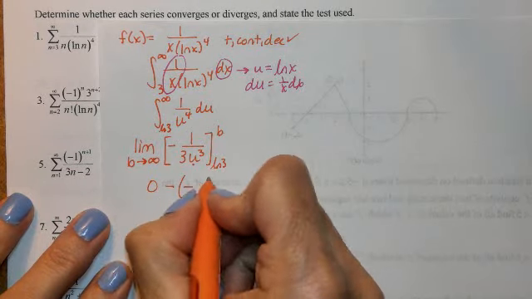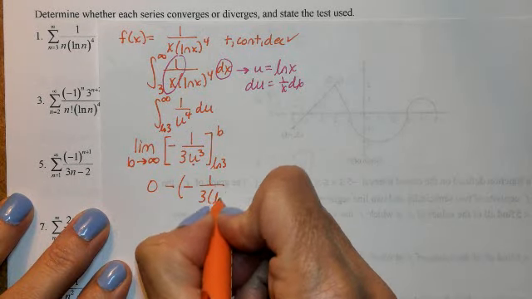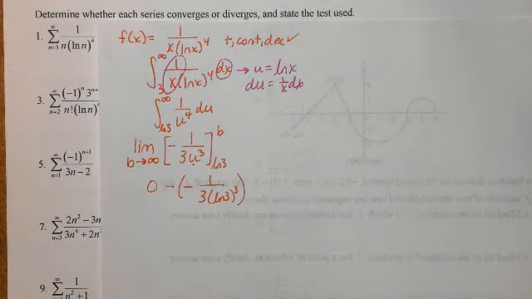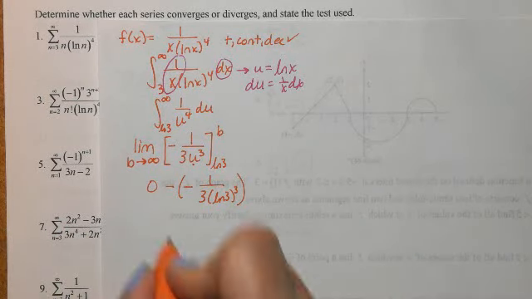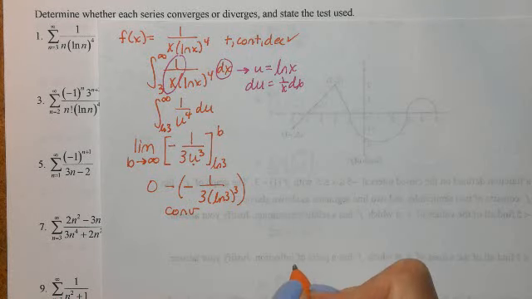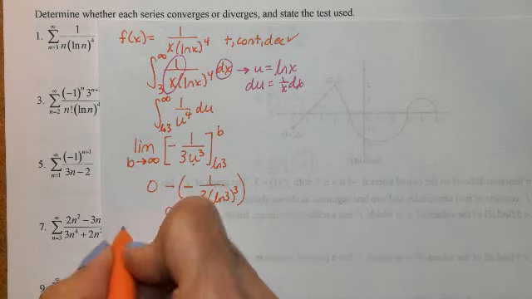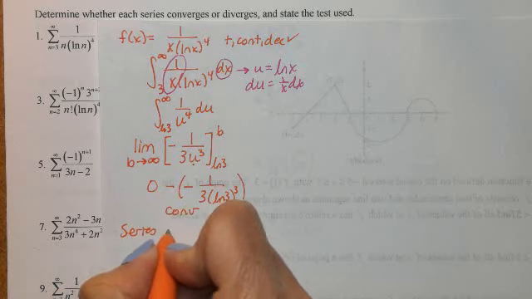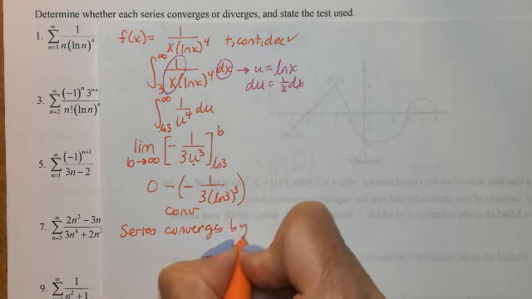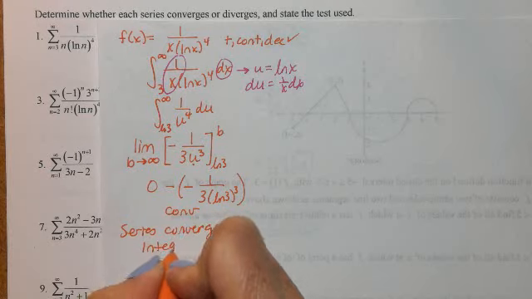And we'll get negative 1 over 3 ln of 3 cubed. Did this converge or diverge? Well, this converged, because we did not get infinity. Therefore, the series converges by integral test.